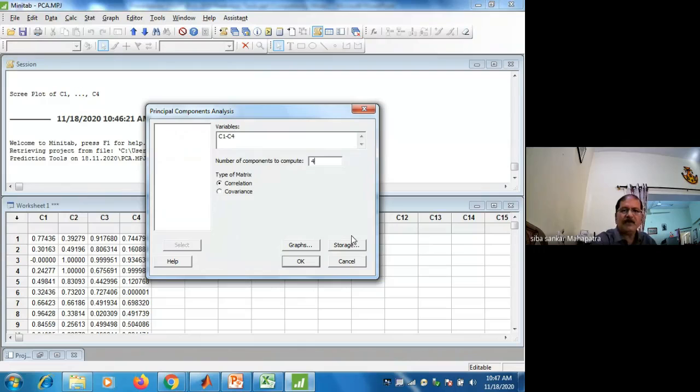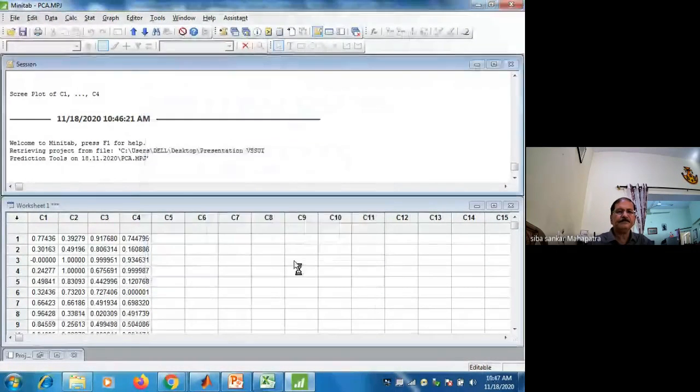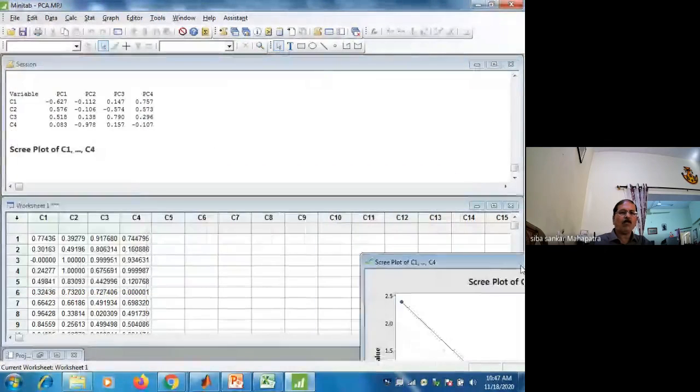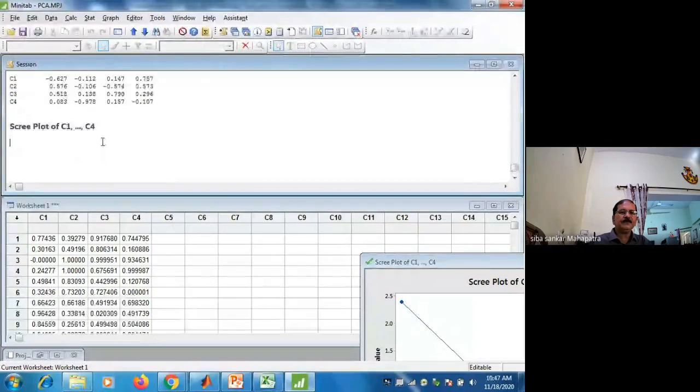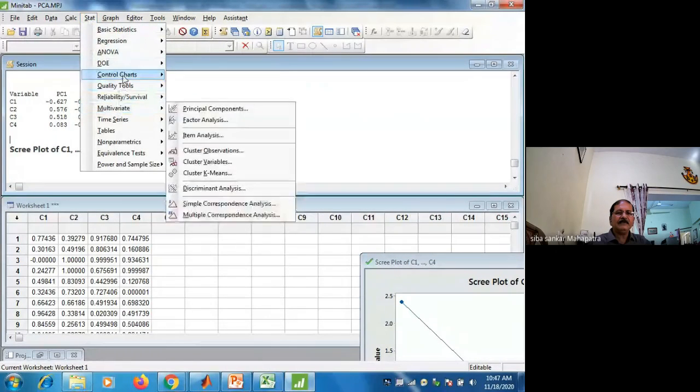You may compute 4 components also, and plot the scree plot. So when you find 4 components, these are the coefficients for the 4 components that you will get. Now suppose I want to reduce it, because 4 was making a problem, the number of data we had was more. So I can make it 3.